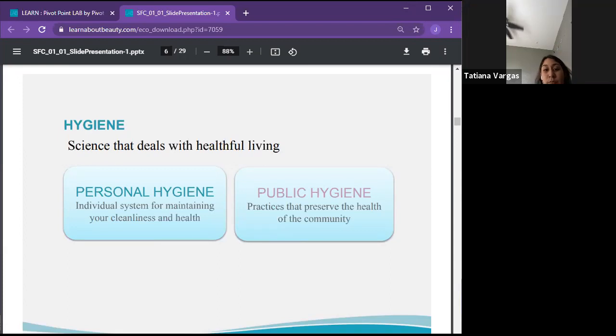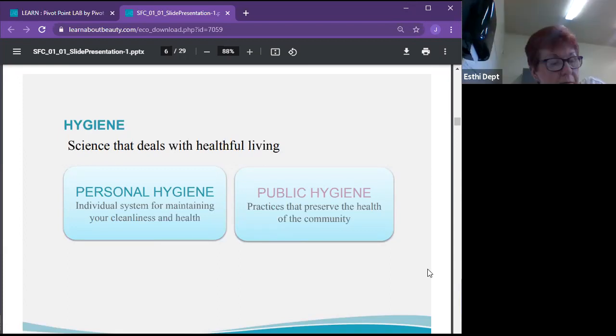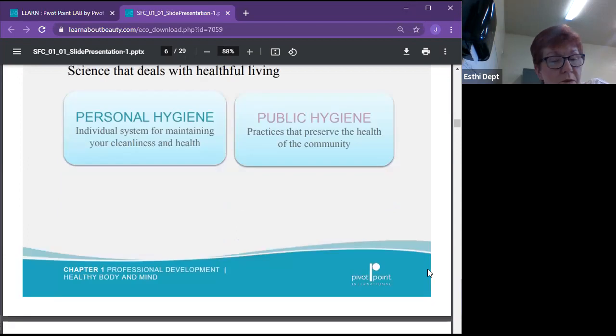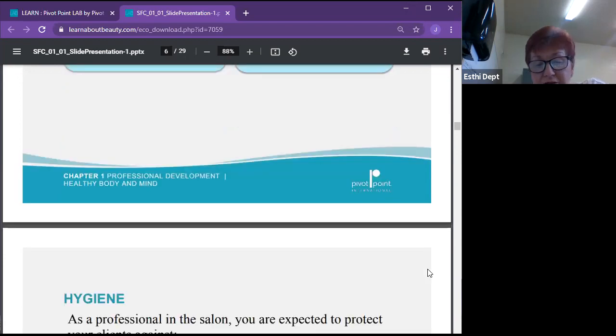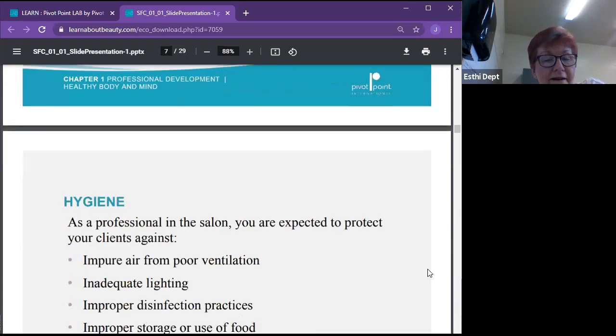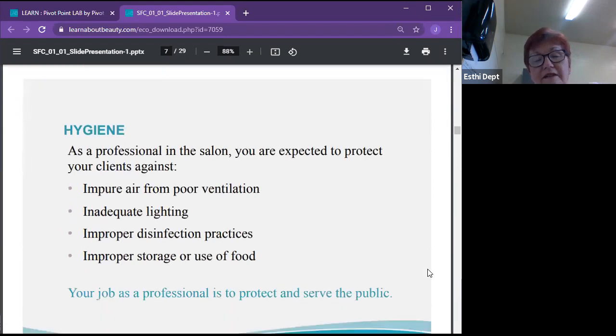Okay. There we go. Let me turn this. We're going to go through primary health hazards. Here it is. Under hygiene, it says, as a professional in the salon, you're expected to protect your clients against these. That's where the primary health hazards go. The first bullet is impure air from poor ventilation, like when somebody in here pours their monomer, which is not odorless, and we all choke to death.